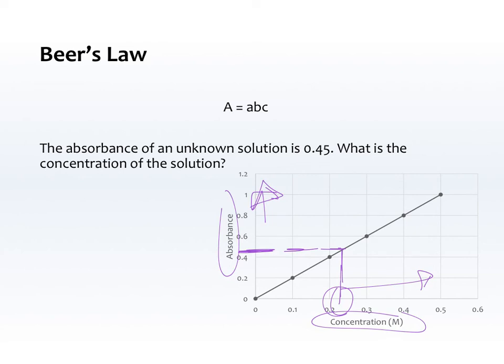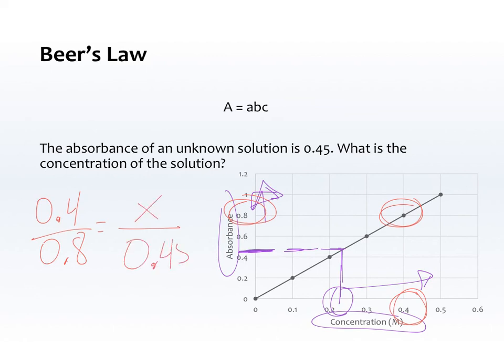So I could say, for example, at 0.8, the concentration is 0.4. So if the concentration is 0.4 when the absorbance is 0.8, what will the concentration be when the absorbance is 0.45? I'm just going to set a direct proportion.